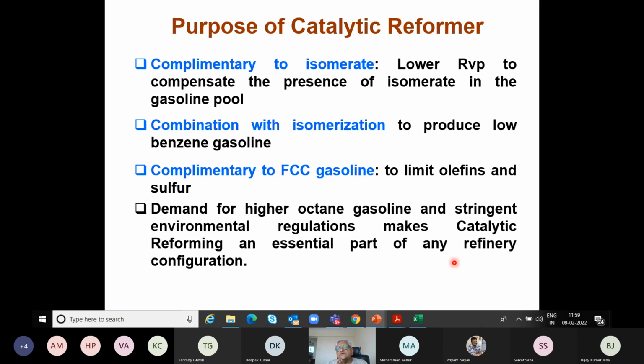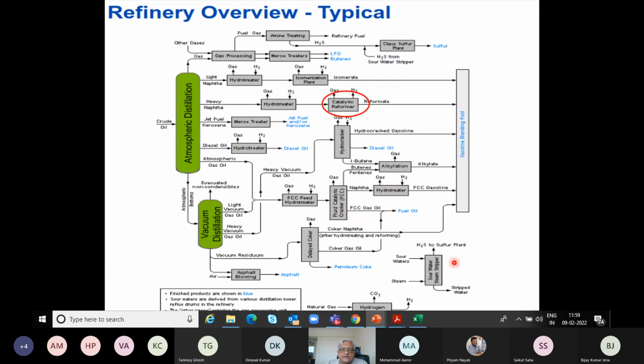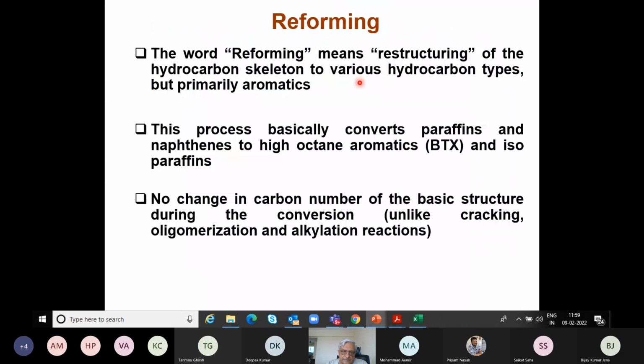What is the main purpose of the catalytic reformer? As I told you earlier, there is another unit in the refinery called the isomerization unit. This isomerate has some great properties, but its RVP is high.